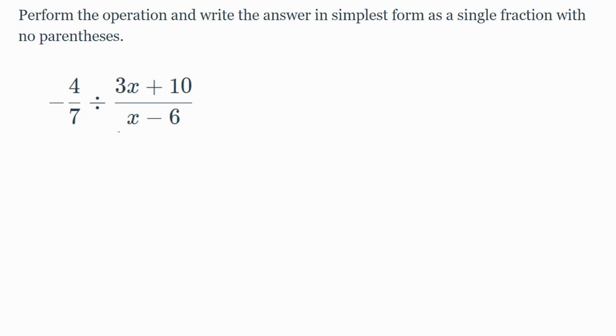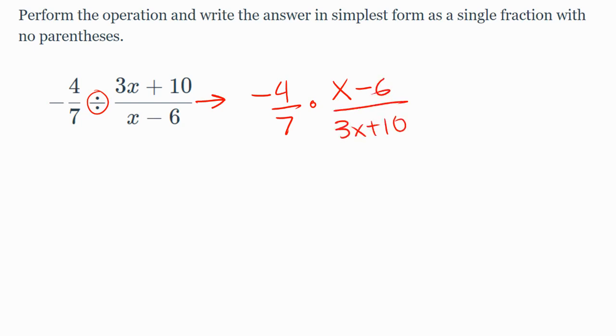So in this final example, we have a negative 4/7 divided by this rational expression. So anytime you see division, just rewrite it to be a product of the reciprocal. So negative 4/7 times x minus 6 over 3x plus 10. And then we need to distribute.